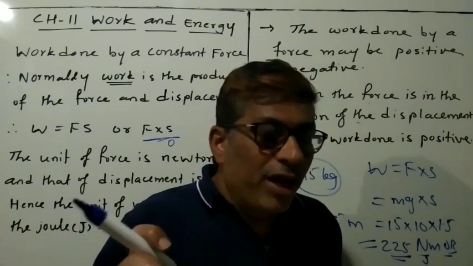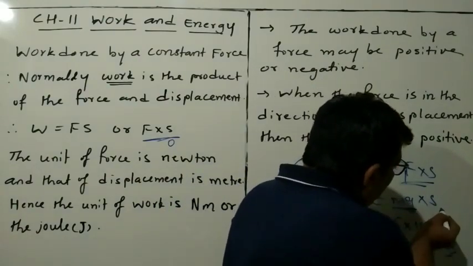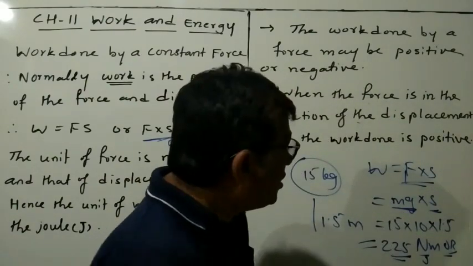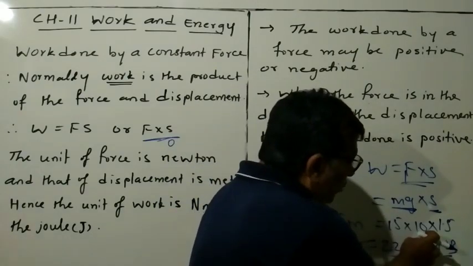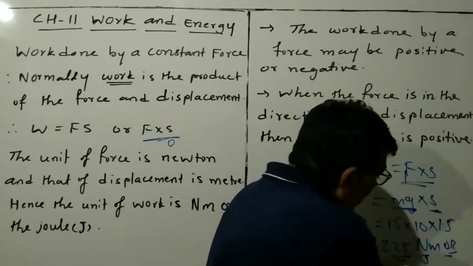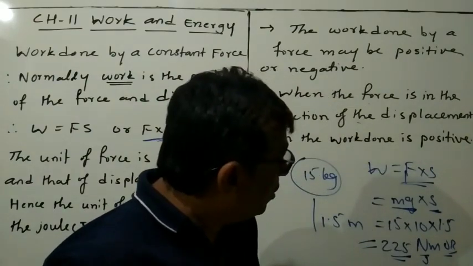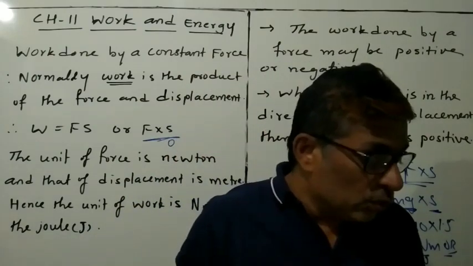Work done is equal to F into S, where F is equal to mg, mass into gravity, multiplied by S. So 15 into 10 multiplied by 1.5. Our answer will be 225 Newton meter or 225 joule.